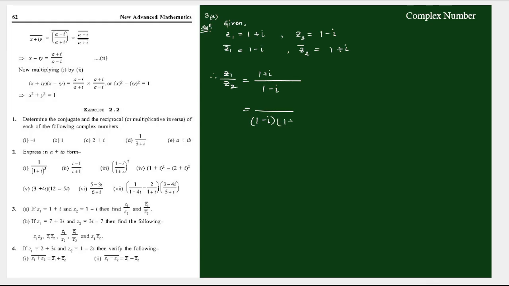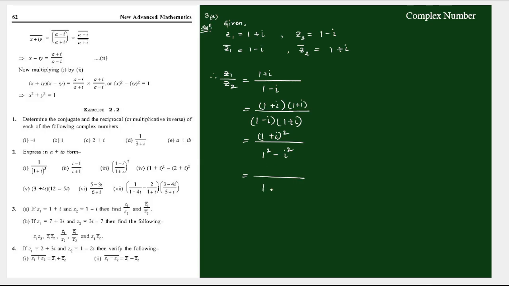It will be 1 plus i, and it will become 1 plus i whole square, 1 plus i into 1 plus i. So here it will become 1 square minus i square, and the numerator is 1 plus i whole square.